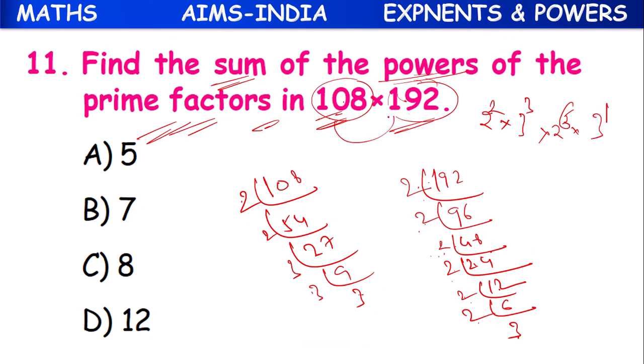If these two numbers are written as powers of prime numbers, they can be written like this: 2 square, 3 cube, 2 power 6, 3 power 1.